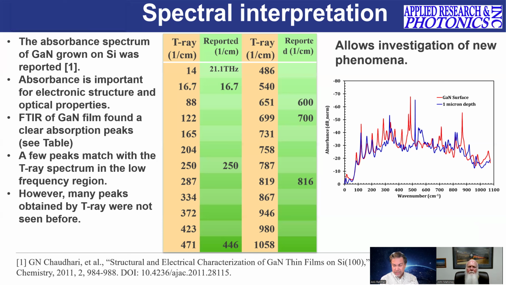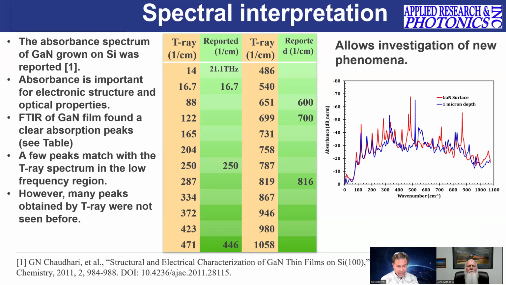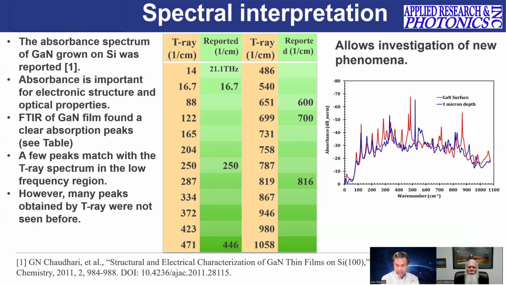So we need tools to discover all of them, which is what we have here. That is the last slide for spectroscopy. But the spectroscopy will, of course, come up in the HEMT, high electron mobility transistor based on GaN, which is the subject of the next podcast.